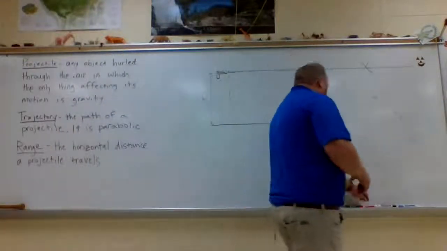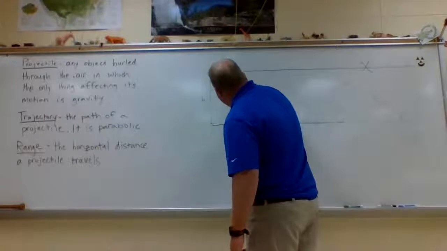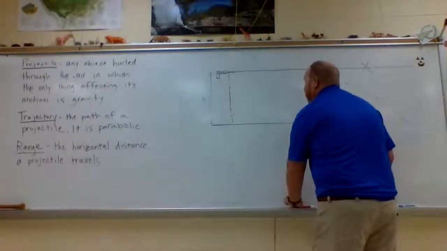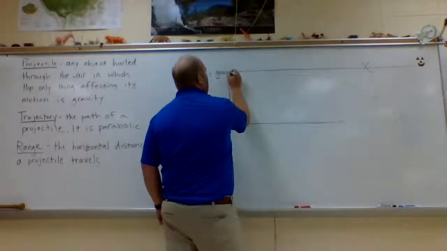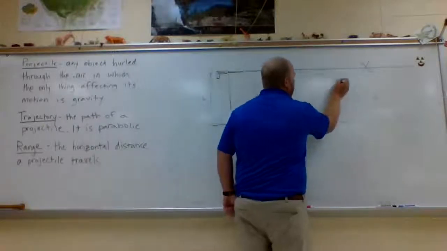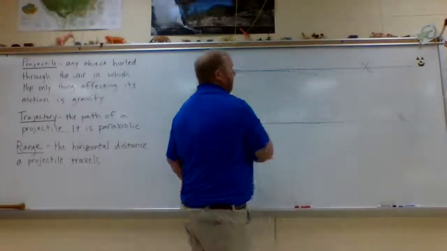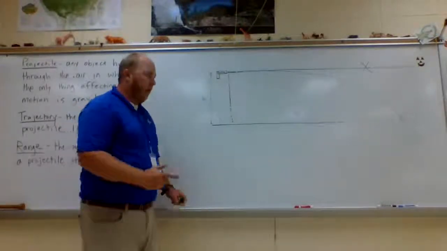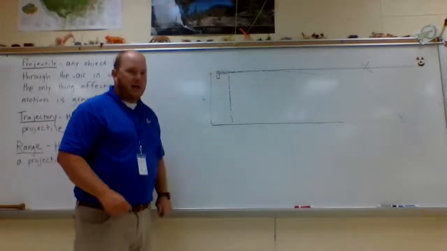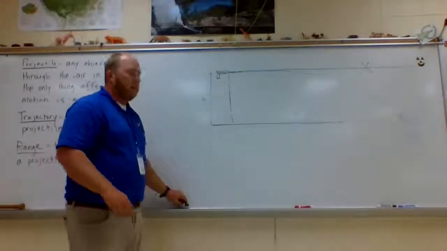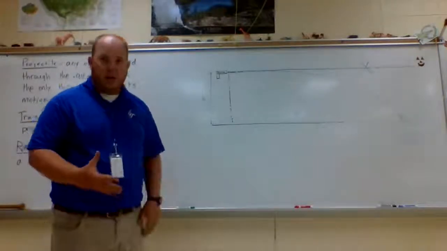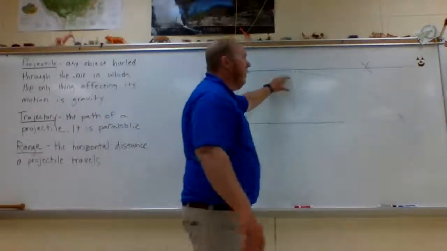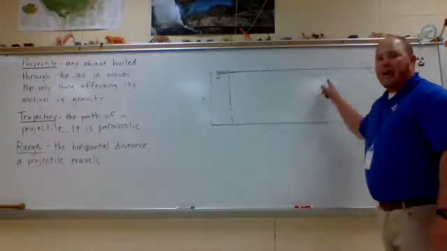So we have one bullet that drops straight down like that, and one bullet that is fired straight out, but it ends up making its way back down to the earth. We fire it, we drop it from the exact same height at the exact same time. My question is, which bullet hits the ground first? Is it the red bullet that was dropped straight down, or the green bullet that was fired out?